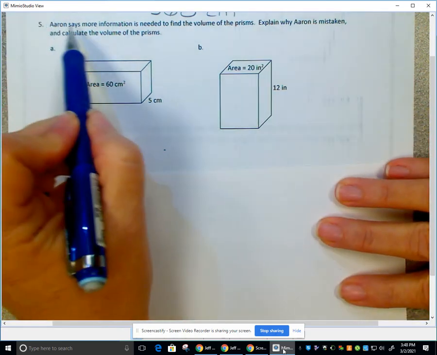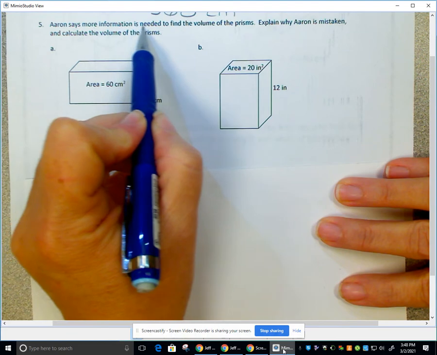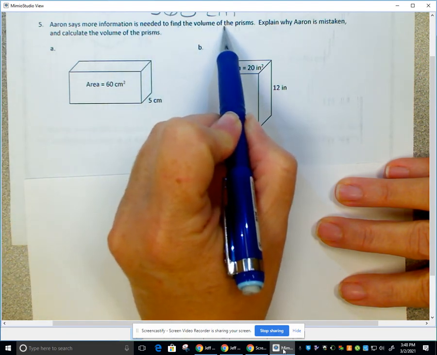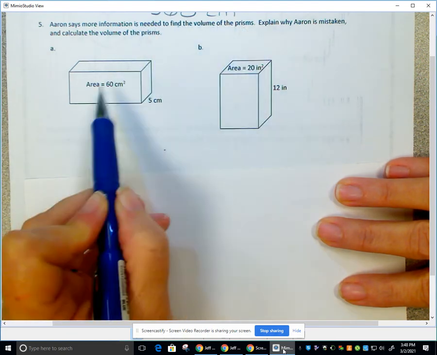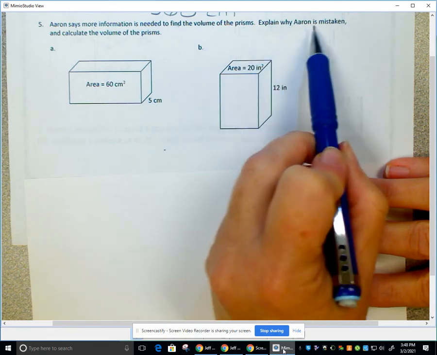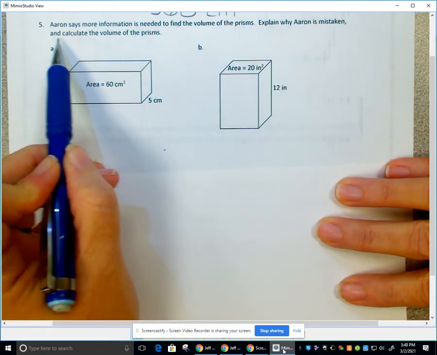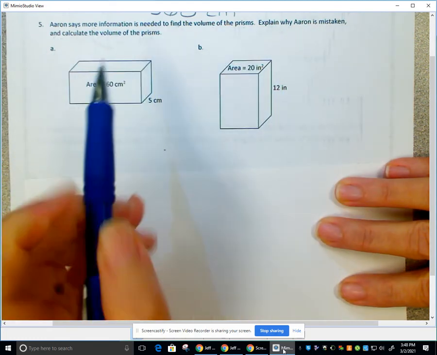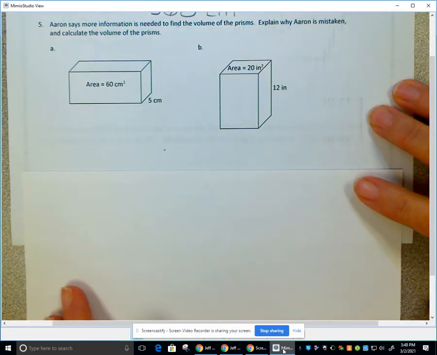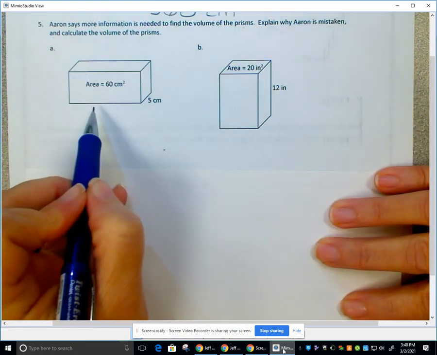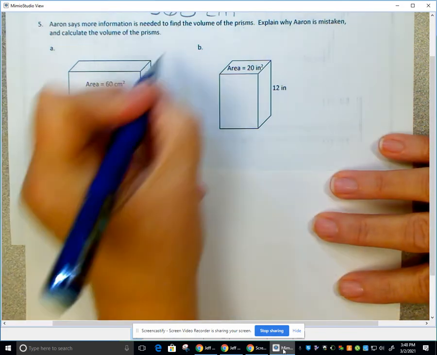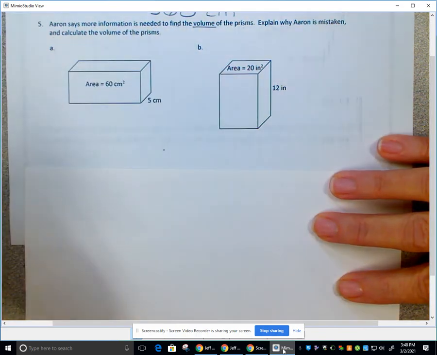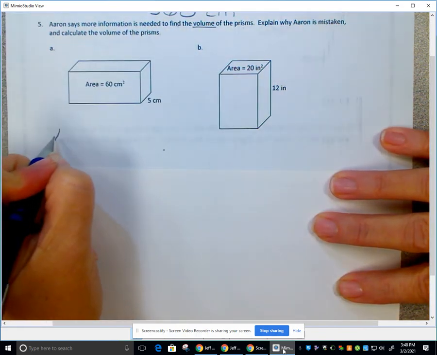All right, Aaron says more information is needed to find the volume of the prisms. Talking about these. Explain why Aaron is mistaken and calculate the volume of the prisms. Okay, let's look at A. Well, when we're looking for volume, we want length times width times height.